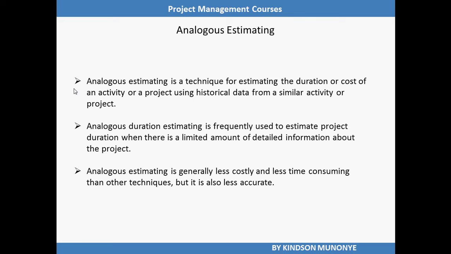Analogous duration estimating is frequently used to estimate project duration when there is a limited amount of detailed information about the project. Analogous estimating is generally less costly and less time-consuming than other techniques, but it is also less accurate.